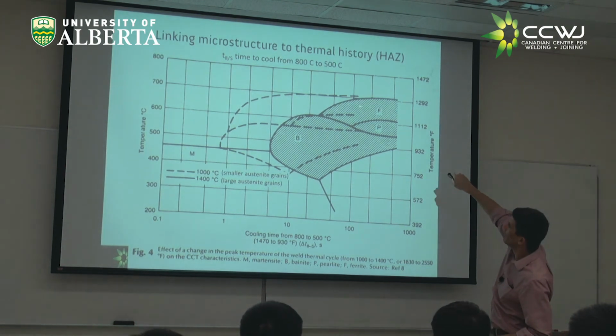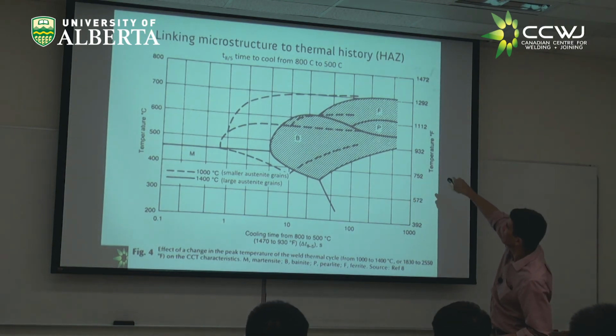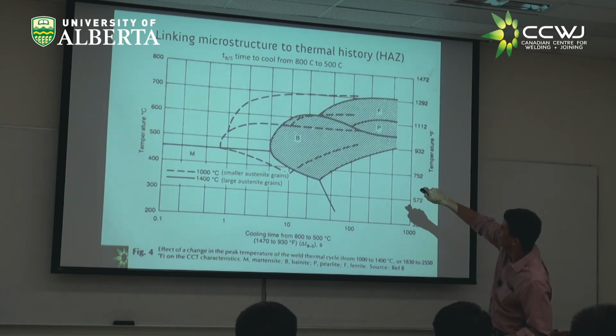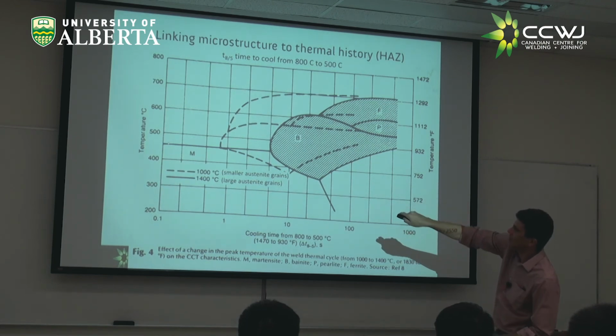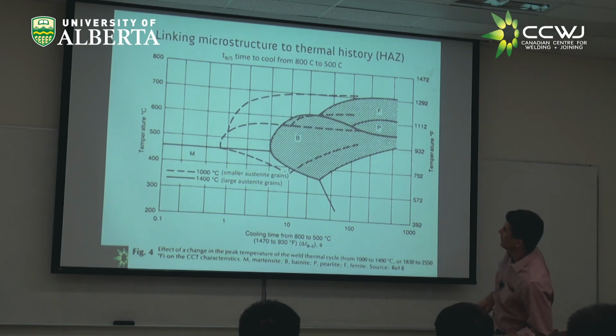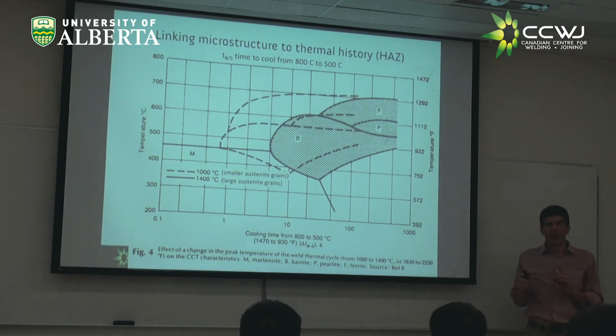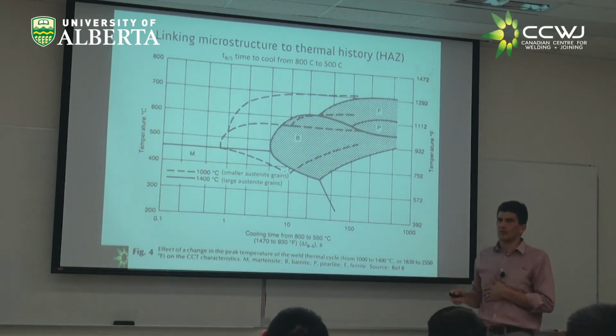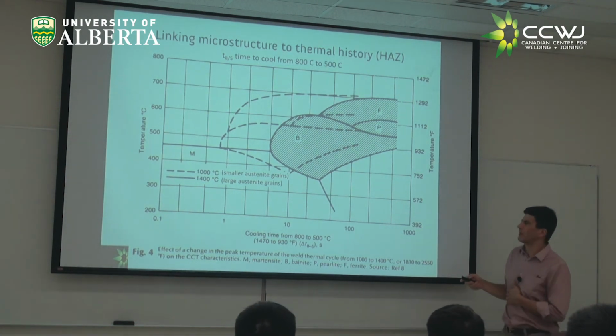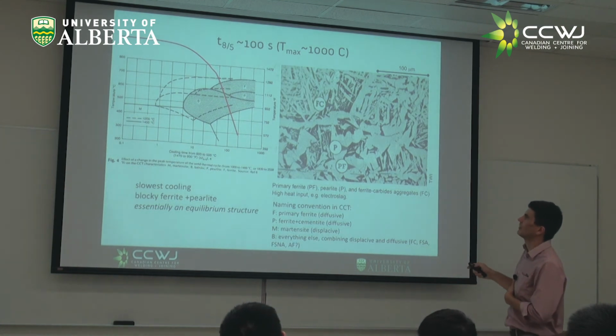And here we have what you already saw. Here is the primary ferrite. Here, primary ferrite. Here we have pearlite, or for this other austenite grain size, ferrite. And here we have the bainite, right? And here we have the martensite. So I'm going to be using the one in dashed line. Someday we're going to generate our own diagrams. It will be a lot better, but now I'm using things I found in the literature.